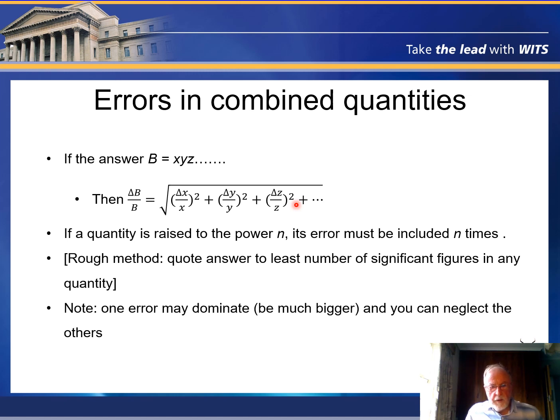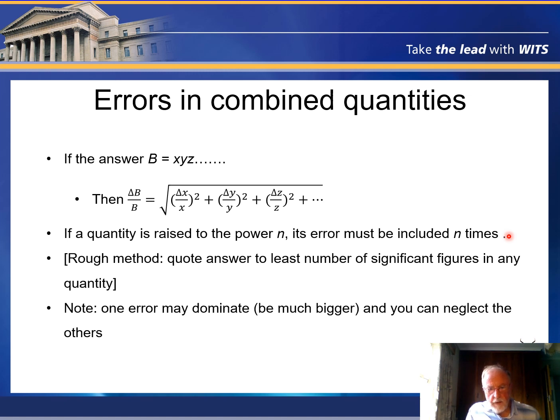And of course, that is going to give you a relative error in the quantity B. It'll give you delta B over B. If any quantity is raised to the power n, its error must be included n times.